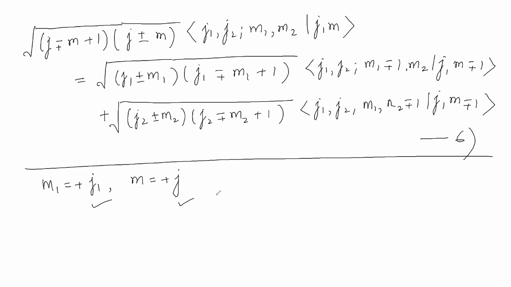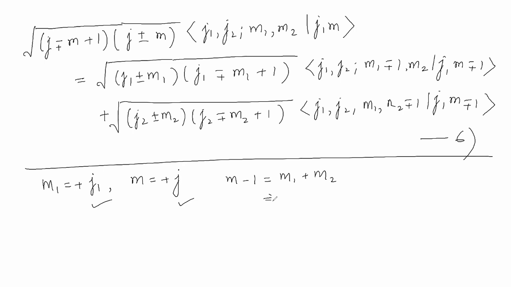Looking at the lower part of equation 1, what you will say is that my M minus 1 must be equal to M1 plus M2.